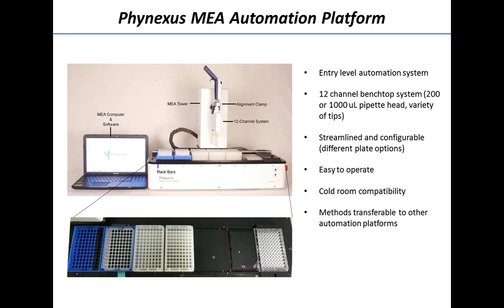It's easy to operate. It is cold room compatible, which was something that was really important for us as we had steps in the protocol that needed to be performed at 4 degrees Celsius. And the methods that are developed using this platform are transferable to other automation platforms if we end up wanting to move over to an even higher throughput system.